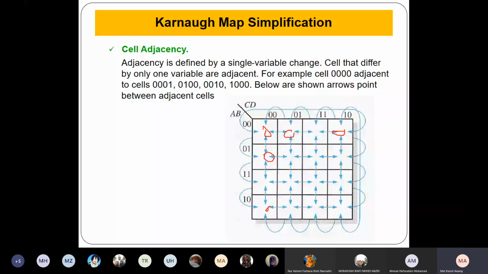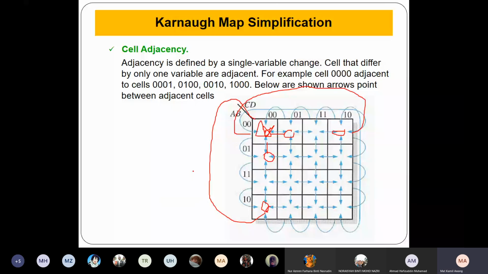So this is adjacent to this one, and this is actually connected here, and this is actually connected here. See? That is the cell adjacency.